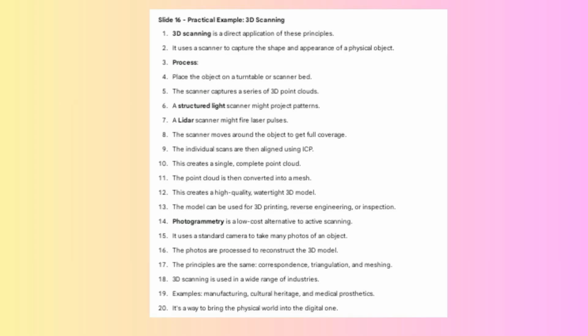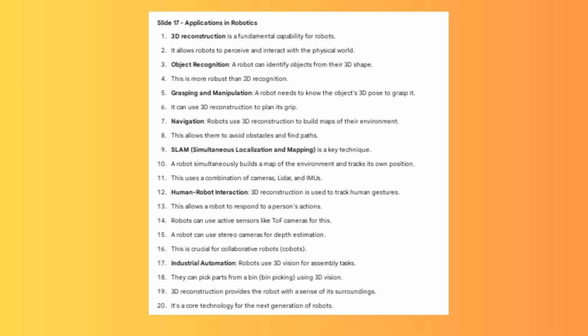Next, we are going to see the topic of applications in robotics. For a robot to navigate and interact with the real world, it needs to be able to see. So this is where 3D reconstruction becomes absolutely fundamental.